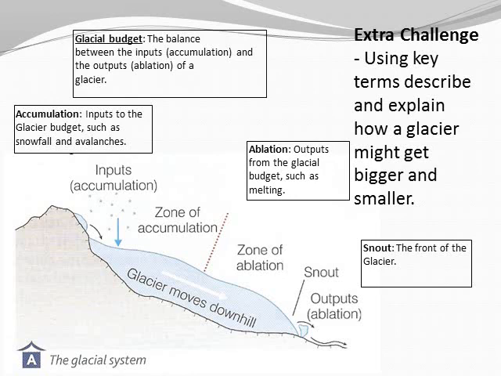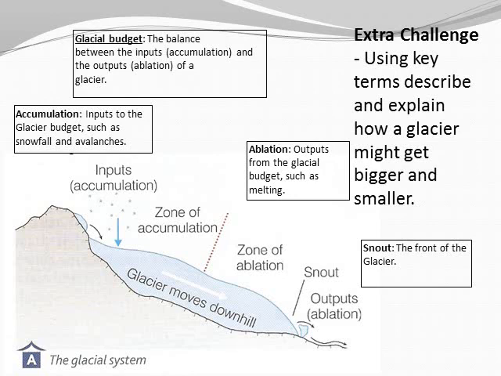Now that glacier moves downhill under gravity into the zone of ablation. Ablation means melting. And towards the bottom of the glacier, the snout, there is meltwater pouring out at the front of the glacier as ablation occurs.